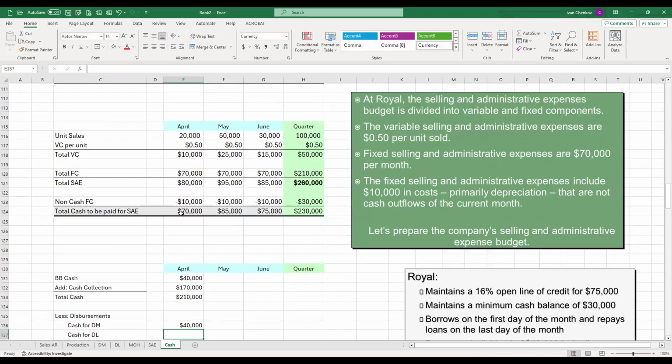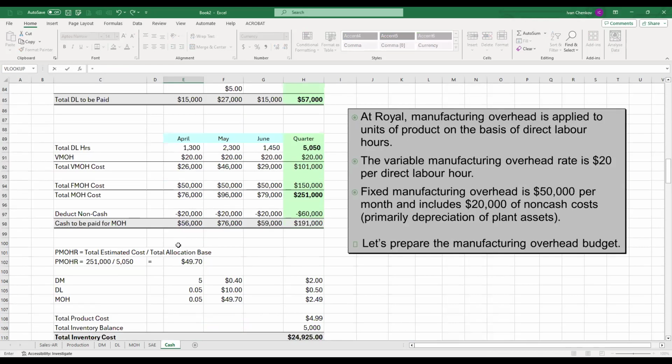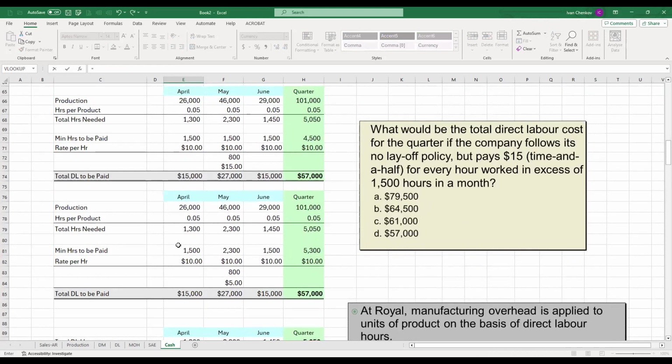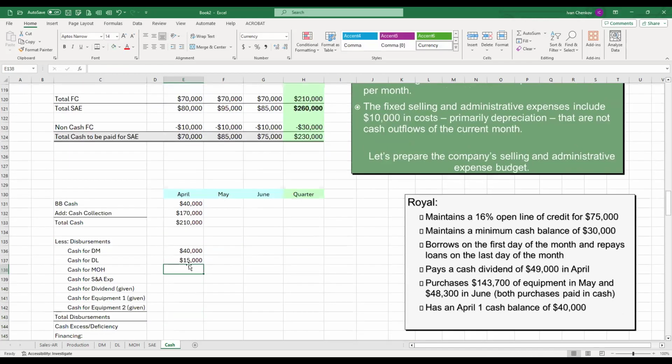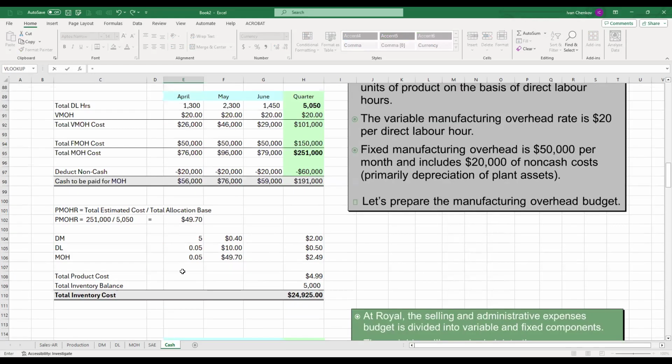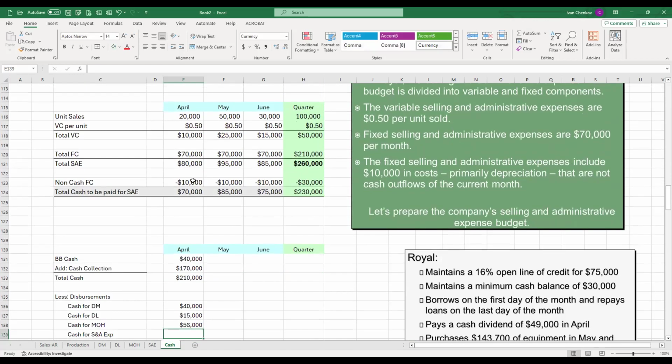We're gonna pay. Then we have to pay direct labor. Direct labor, we're gonna go to the schedule for the direct labor, and we're gonna pay them 15,000. Then we have to pay for the manufacturing overhead. For the manufacturing overhead, we're not gonna get the manufacturing overhead cost, but we're only gonna get the manufacturing overhead that we actually have to pay, 56,000.